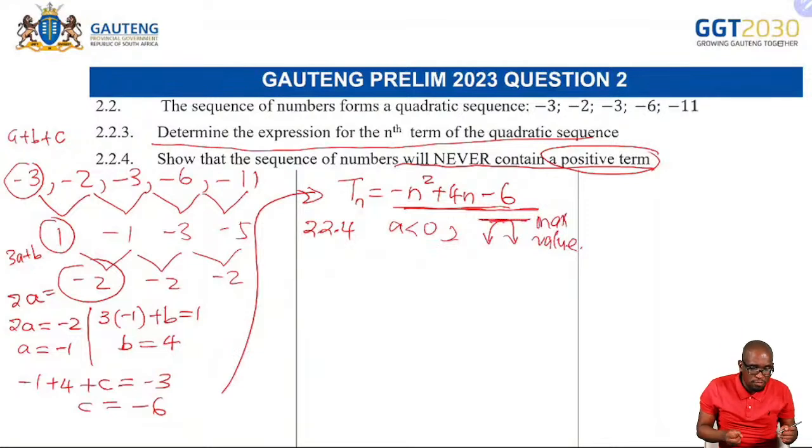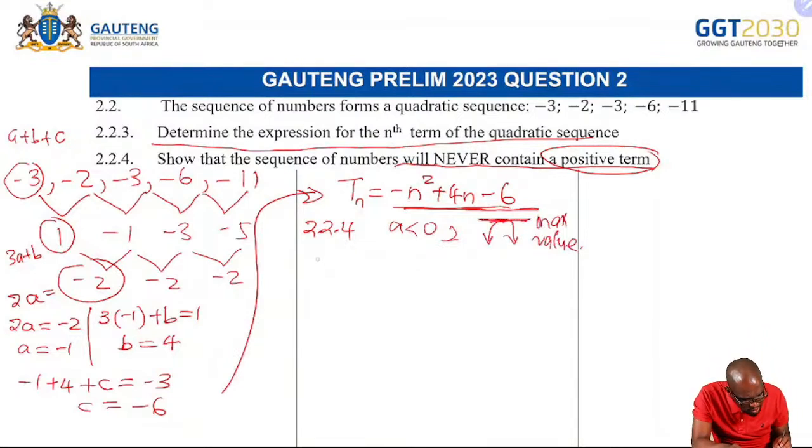Remember, to find the max value, you can use completion of the square, because this is quadratic. That's number one. You can use calculus, that's number two. You can also use minus b over 2a to find the axis of symmetry, then back substitute that axis of symmetry to find the max value.